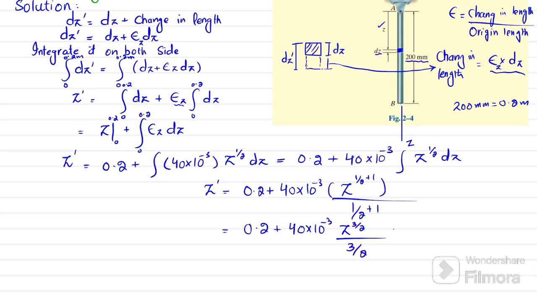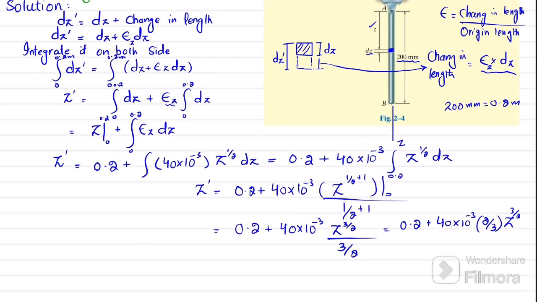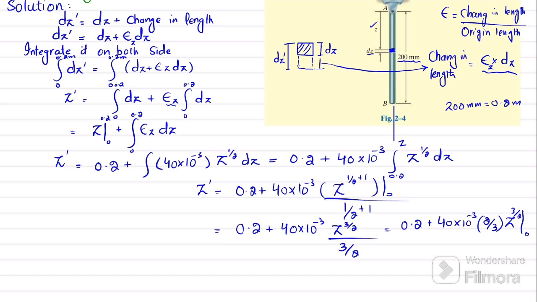If you further simplify, it will be 0.2 plus 40 into 10 raised to power minus 3 multiplied by 2 over 3 into z power 3 over 2. And you have the limit as well, z is from 0 to 0.2. So I will put the limit over here, 0 to 0.2.